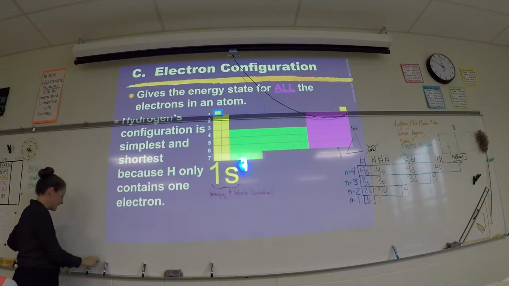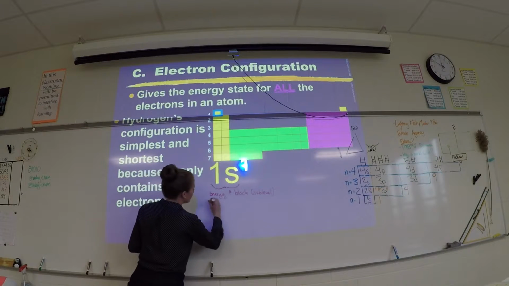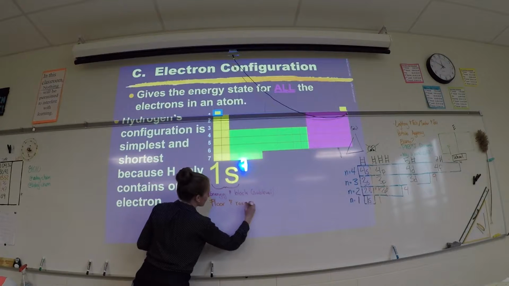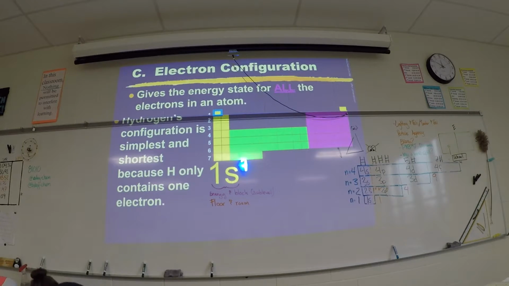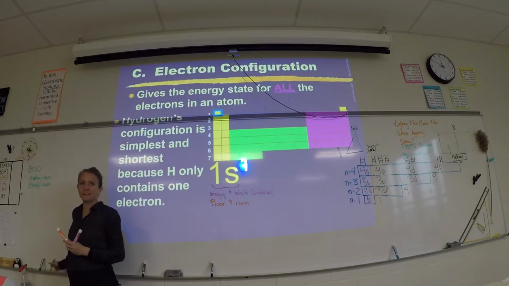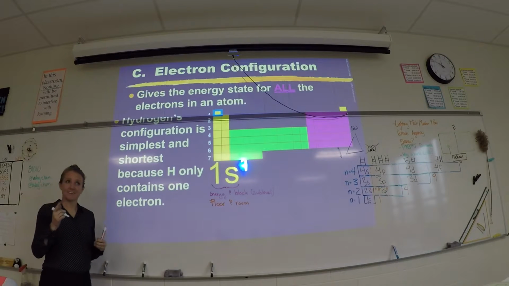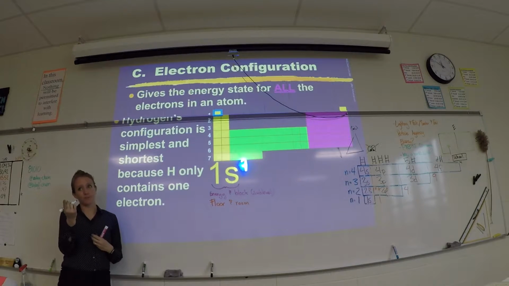Or in terms of our analogy, this is like saying the floor and room. What do you think the one up top is telling us? Any ideas? That's the first room. First bed. The first bed? Well, there's only 1 bunk bed in an S room.